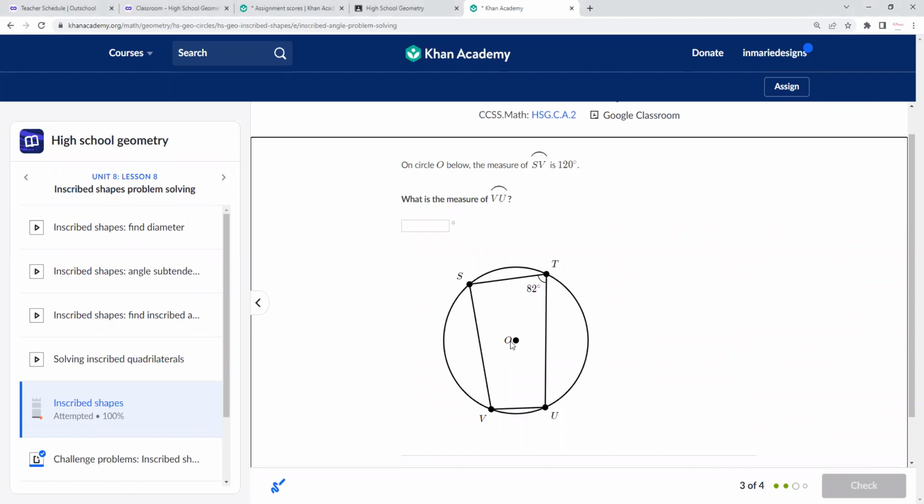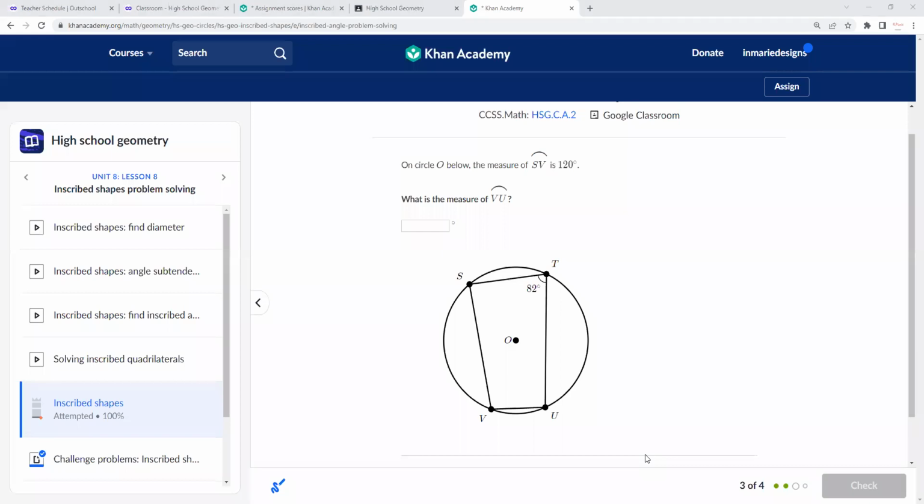On circle O, the measure of SV is 120 degrees. We are looking for arc VU. So it looks like we're looking for this here.